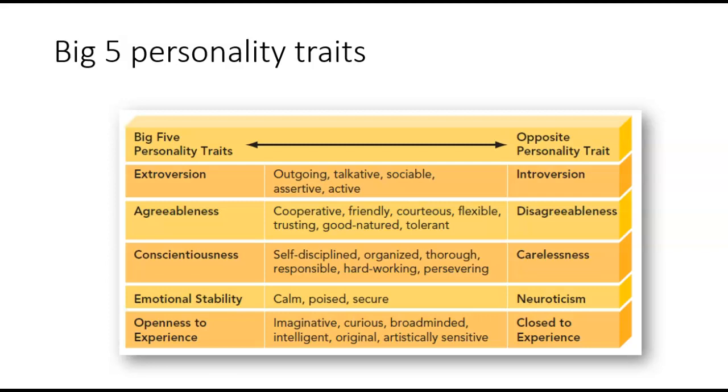So the content in here isn't what's so important. What I'm getting at is this is just one way to talk about the differences in personality that someone may have, right? They may be more extroverted or introverted, or agreeable, disagreeable, that type of breakdown.